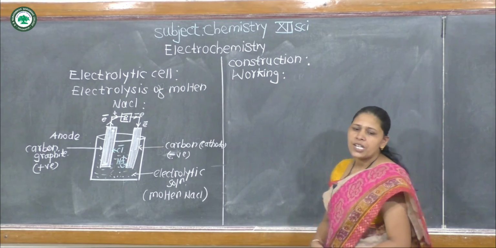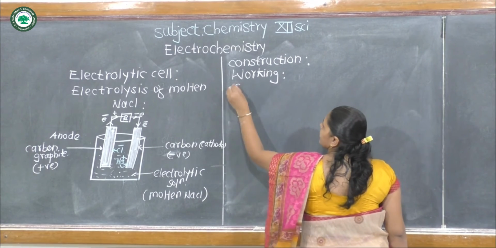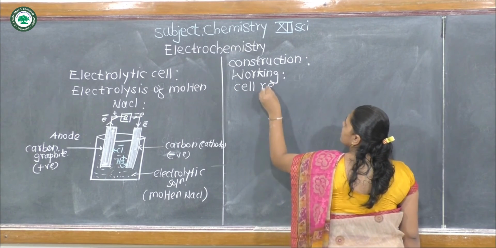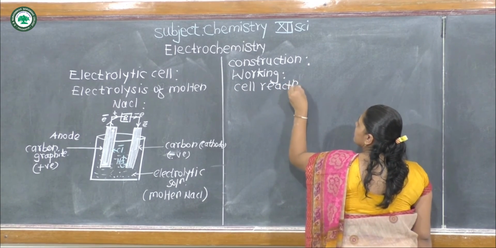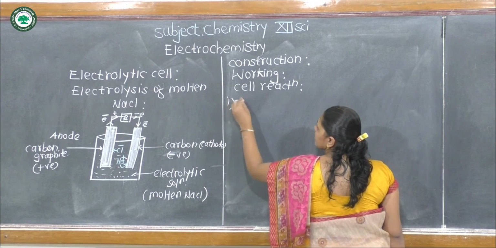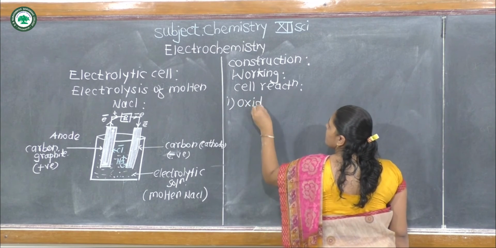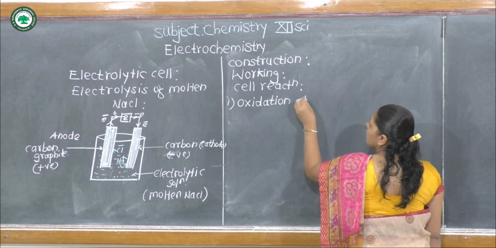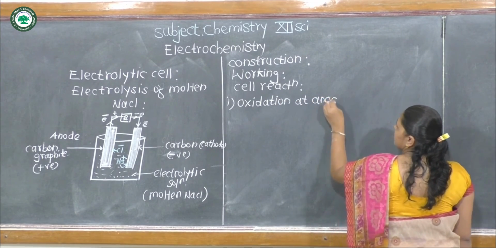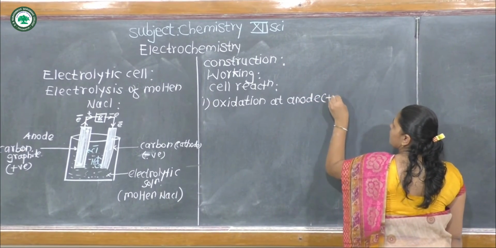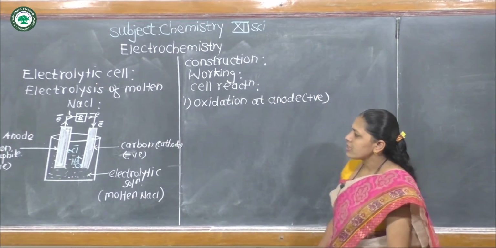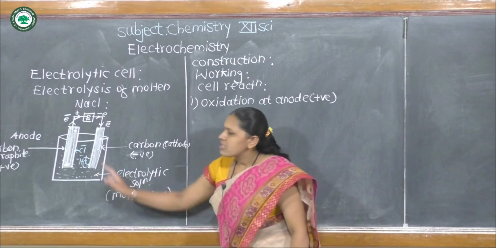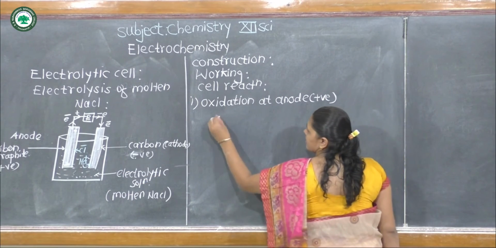Then the next point is cell reaction. First is the oxidation half reaction, oxidation at the anode. The anode is positive. Here oxidation of Cl- ions takes place.